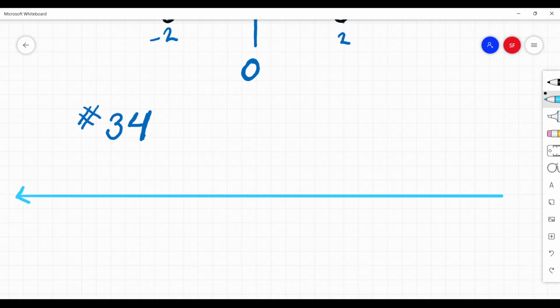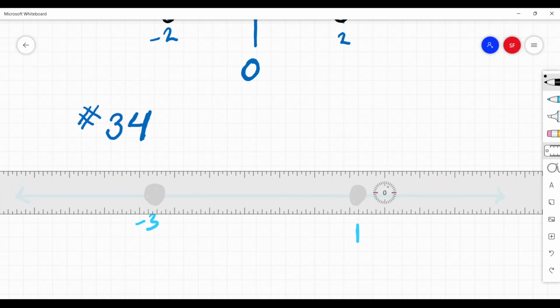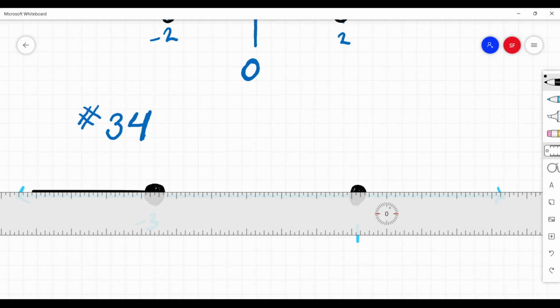This number 34 has a closed circle at -3 and a closed circle at 1, and it's shaded on the outside, right? So it looks more like this.